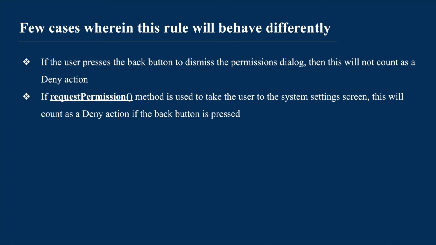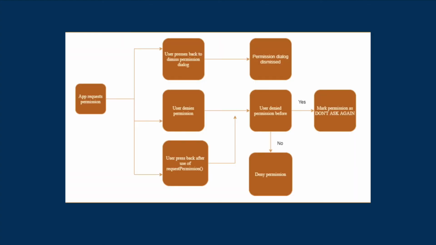Also, I have created one diagram to understand this permission dialog visibility change. So let's go there and understand that visually. If our app requests permission and the user presses the back button to dismiss the permission dialog, then that will not be considered as a denial and only the dialog will be dismissed. So that was one use case.